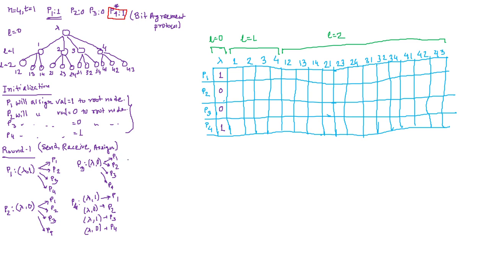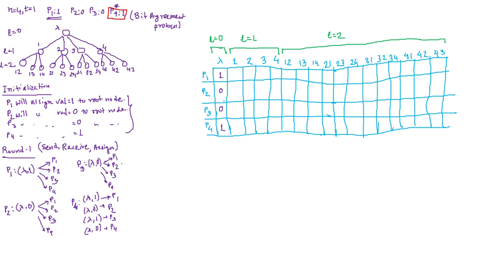How will P1, P2, P3 and P4 assign values to their level 1 nodes in their respective EIG trees? Now I am going to fill up these 4 columns, level 1, denoting the level 1 nodes of all the parties' EIG trees. So what we will do?